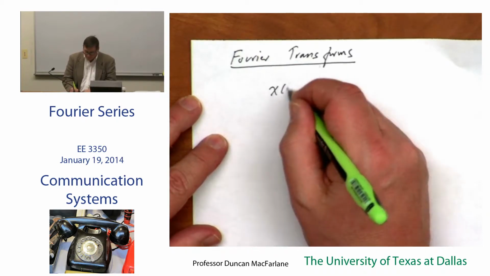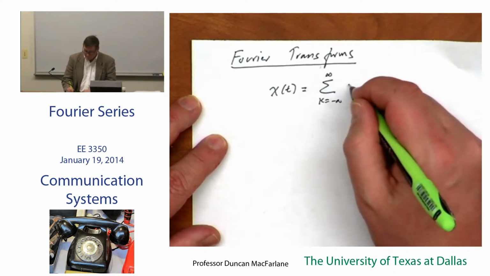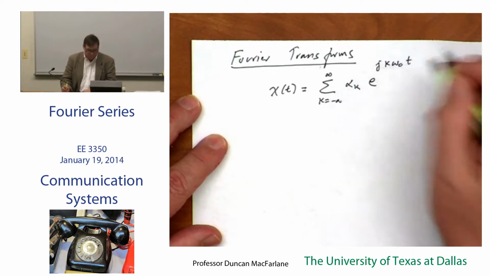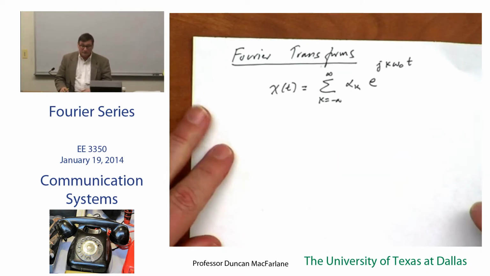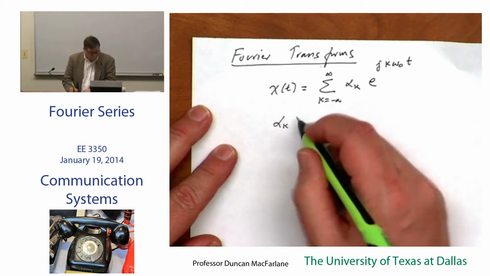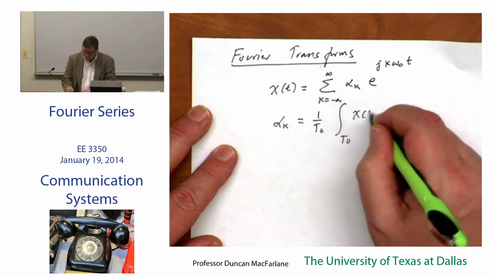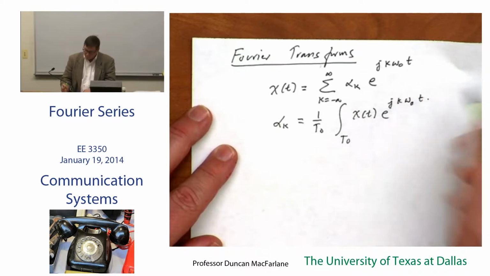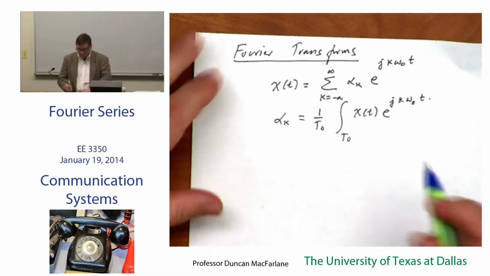I'm going to say that I have a Fourier series representation of x of t, and the alphas are found by that formula. So you can look at this guy here. Should have left more room.